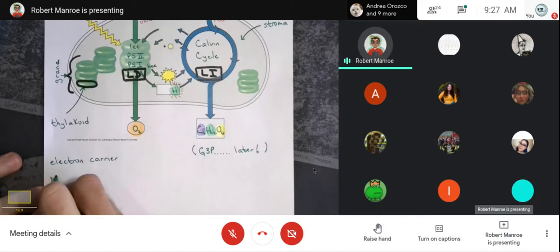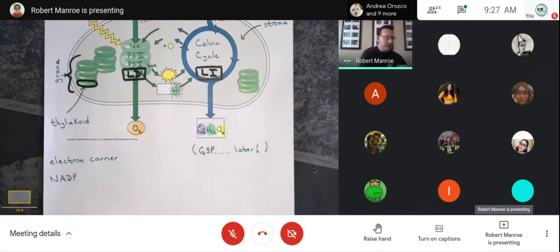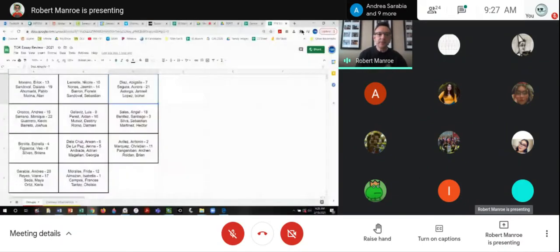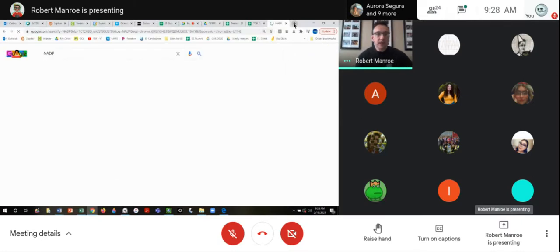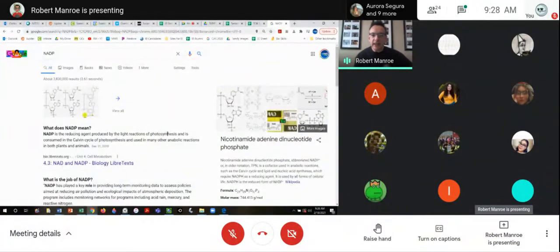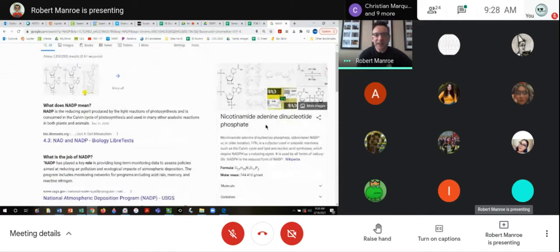And this electron carrier is called NADP. I should show you this. Go over here and you type in NADP. Get a load of its name. What is NADP? It's nicotinamide adenine dinucleotide phosphate.